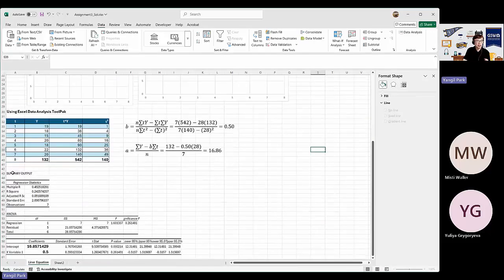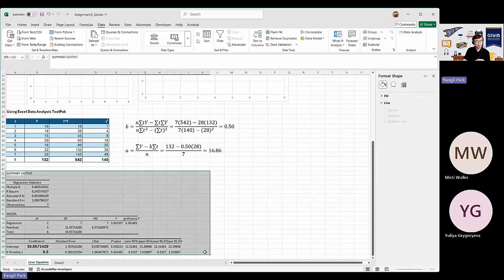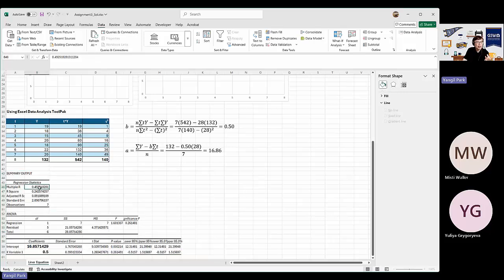Just like your statistics output. Over here, what we're looking for is not the regression statistics or ANOVA and all that stuff. We're looking for the intercept and the coefficient for X, which is 0.5 and 6.85, so that you confirm the intercept and slope right away.